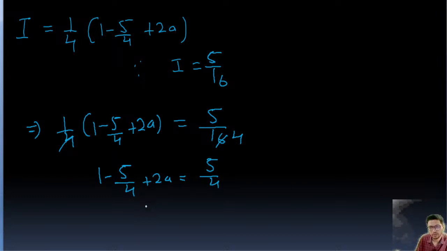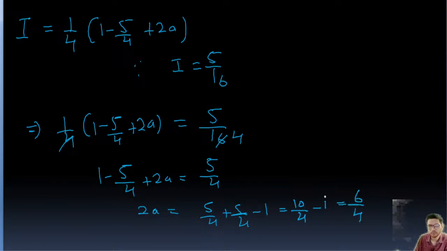From here, value of 2a is going to be 5 by 4 plus 5 by 4 minus 1, right? So this implies 5 by 4 plus 5 by 4 is 10 by 4. I'll solve this further. So this is 10 by 4 minus 1, so this is going to be 6 by 4, right?